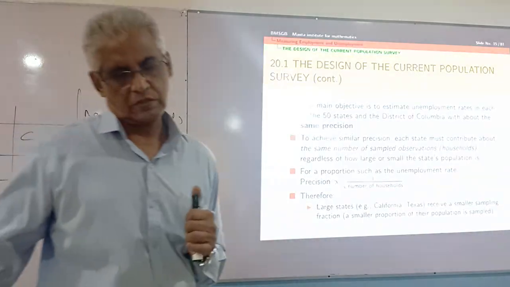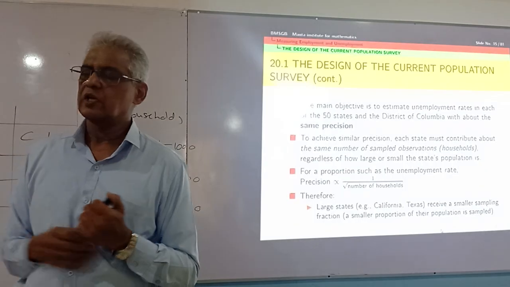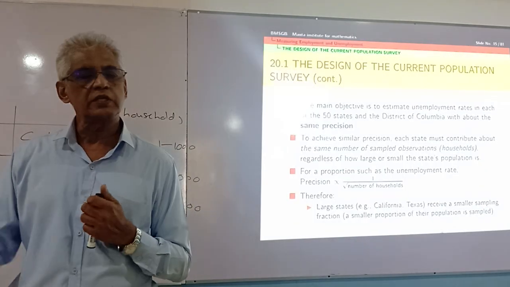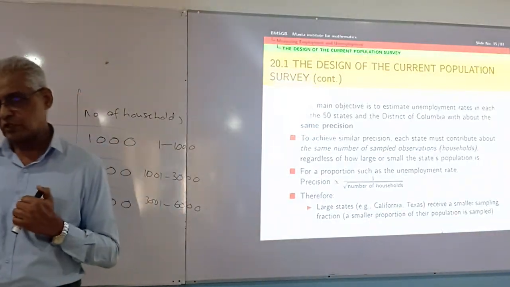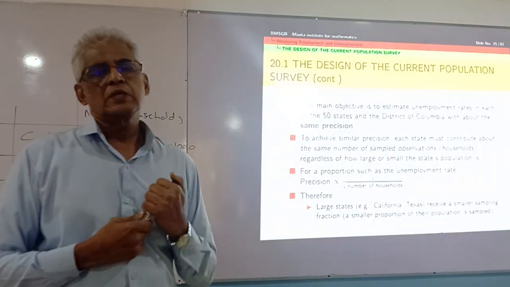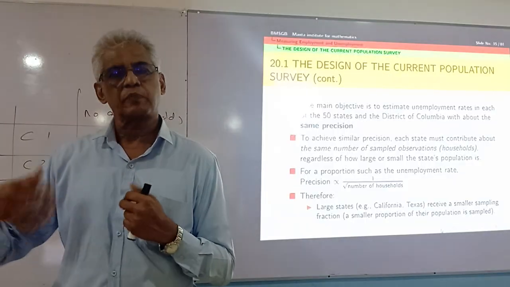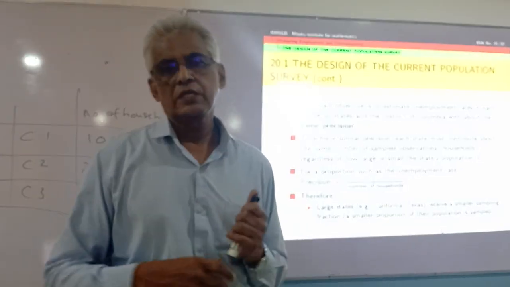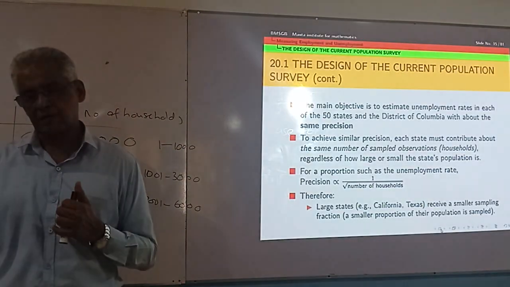Usually the unemployment rate is a proportion: the number of unemployed people divided by the labor force. For this kind of proportion estimate, the precision is proportional to 1 over the square root of the sample size, 1 over square root of n.